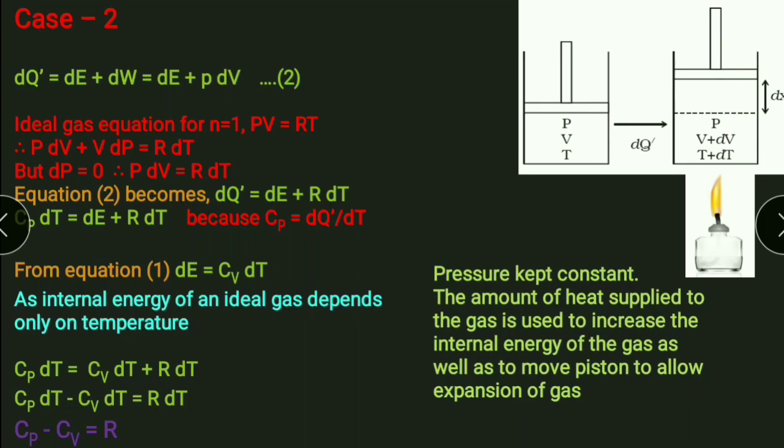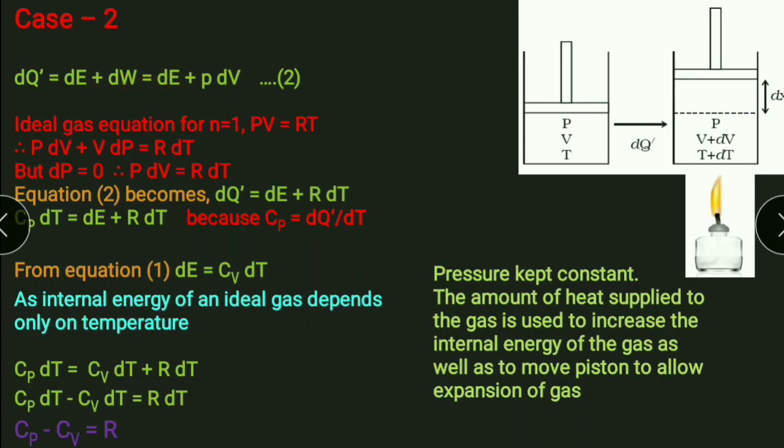So according to the first law of thermodynamics, dq is equal to dE plus dw. It means the amount of heat supplied to the gas is used to increase the internal energy of the gas as well as to do work, or you can say to move the piston upward to allow the expansion of the gas.